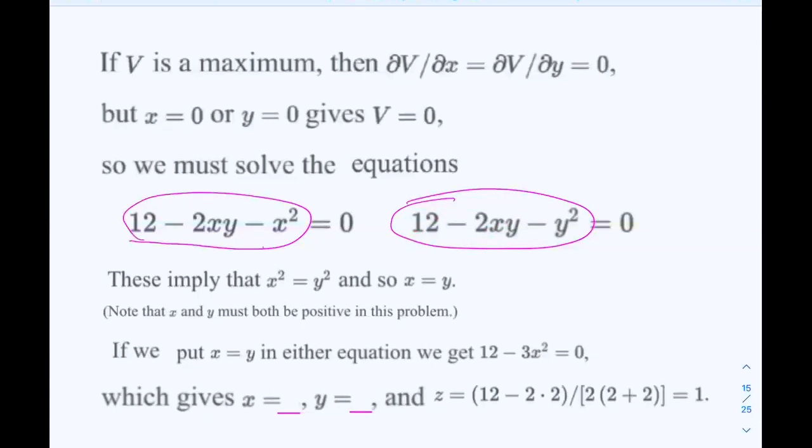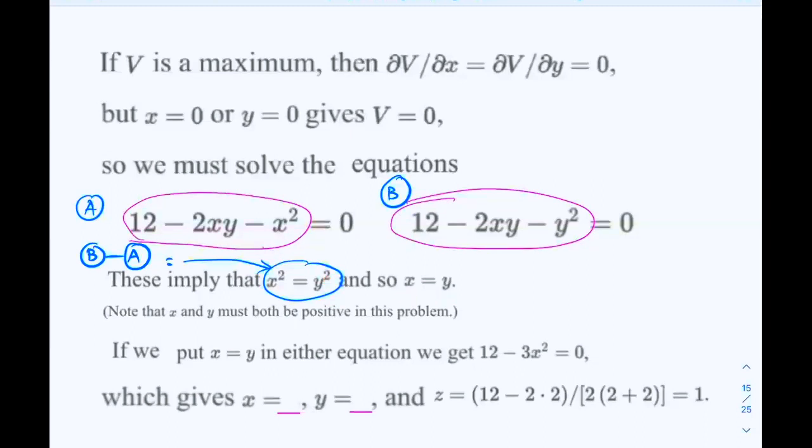Let me label them: this is equation A, this is equation B. If I use B minus A, this one cancels out, and we get x squared minus y squared equal to 0. So x squared equals y squared, therefore x equals y.